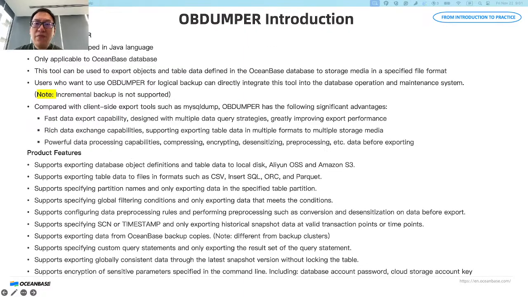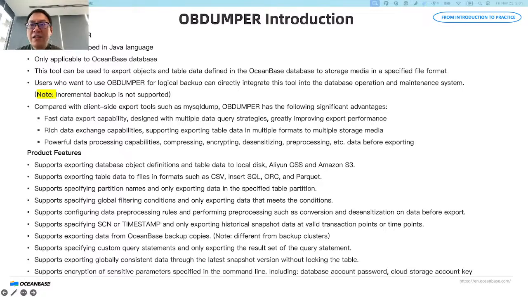The same is true for obdumper. It's just the opposite of obloader. It exports the data schema and table data in the database to the corresponding storage media. Compared with client tools such as mysqldump, obdumper has several advantages. One is the ability to quickly export data.